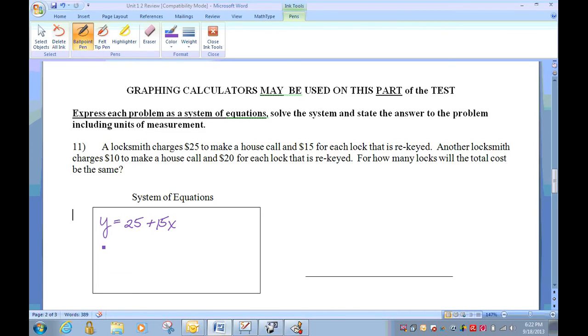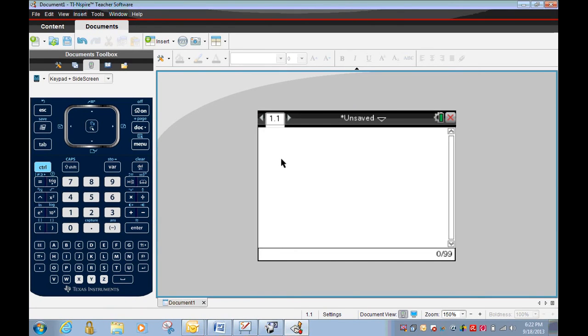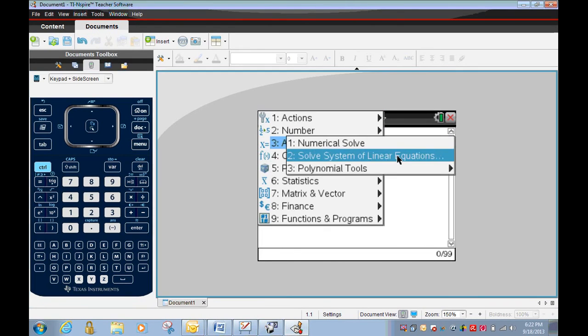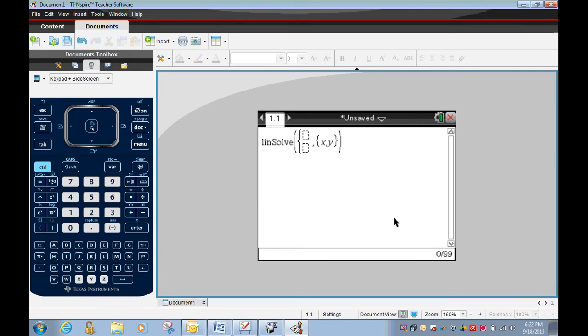For the other locksmith, we can write the equation y equals the $10 fee plus 20 times x for the $20 for each lock that's rekeyed. Now you can go into your calculator page, hit menu, algebra, solve systems of equations. There are two equations that we're dealing with, and the variables are x and y. So we're going to hit OK.